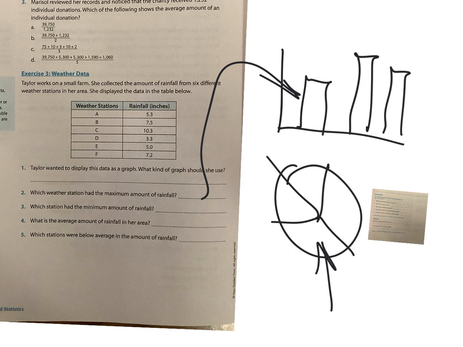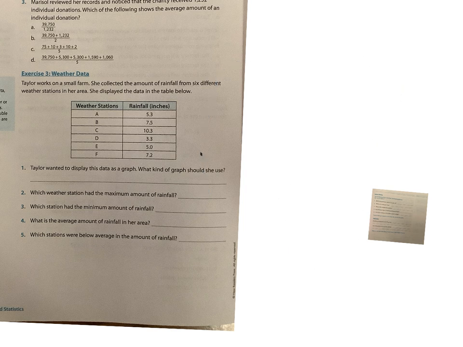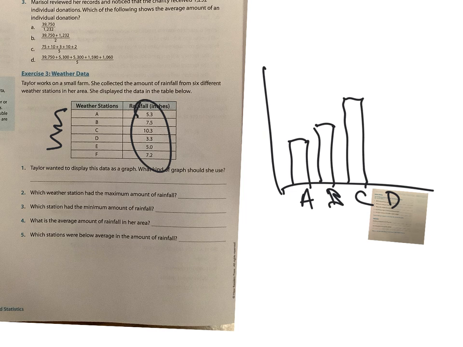I would choose the bar graph personally, simply because it gives me a number amount, and it also gives me the weather stations. So what I would do is I would do the weather stations A, B, C, D, etc. And I'd go, okay, A was 5.3, B is 7.5, notice it's bigger, C is 10.3, D is 3.3.